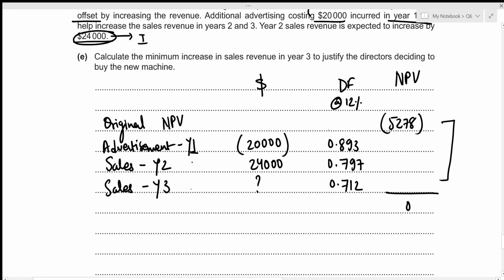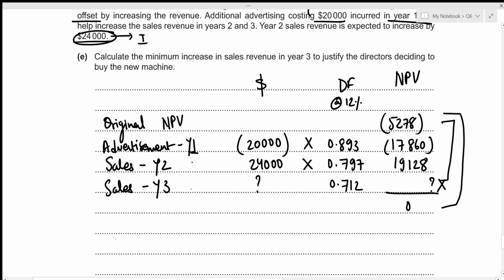Okay, so let's figure out the adjustments to the net present value. For advertisement, that's negative 20,000 times 0.893, which results in negative 17,860. Then for the sales, that's 24,000 times 0.797, which results in a positive 19,128. Now we also need to figure this value out, right? So let's term it as x. Now we can write this down as an equation.